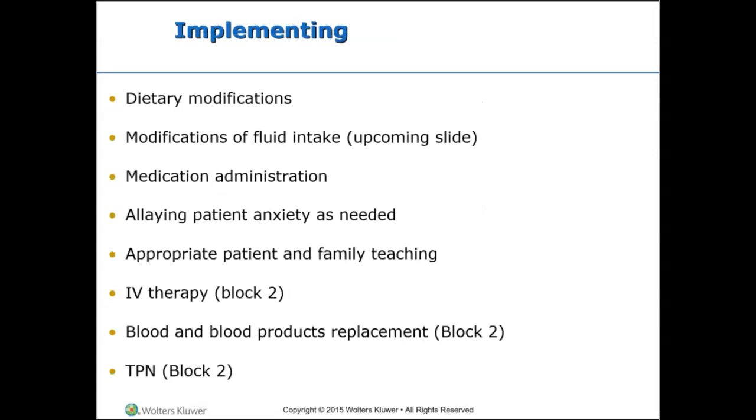One of our main jobs as nurses is to teach our patients about their condition and ways to prevent it from happening to them again. To promote fluid and electrolyte balance, we need to encourage patients to limit their sodium intake and increase their dietary potassium and calcium. Patients may need to take potassium or calcium supplements.